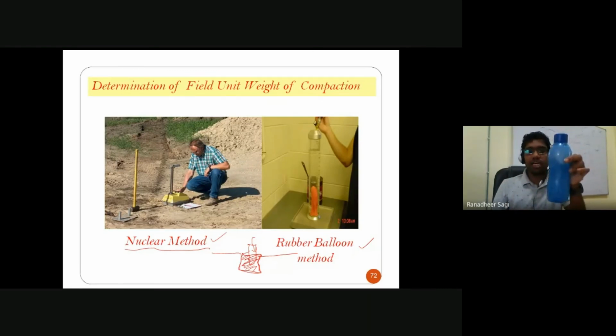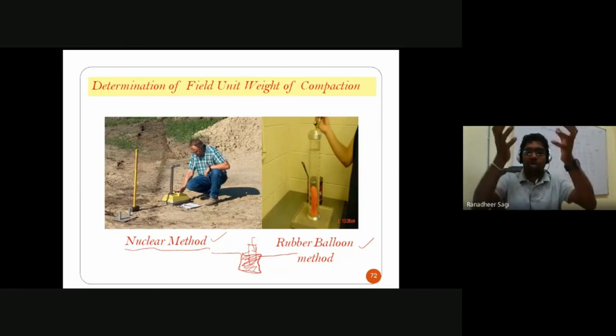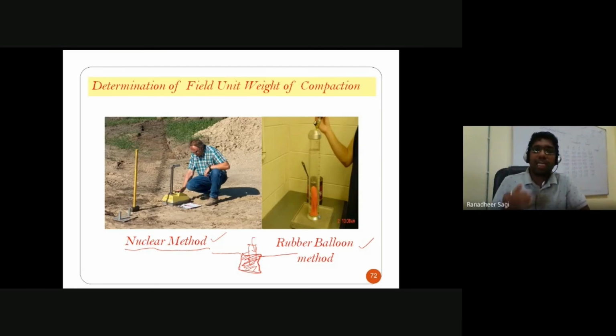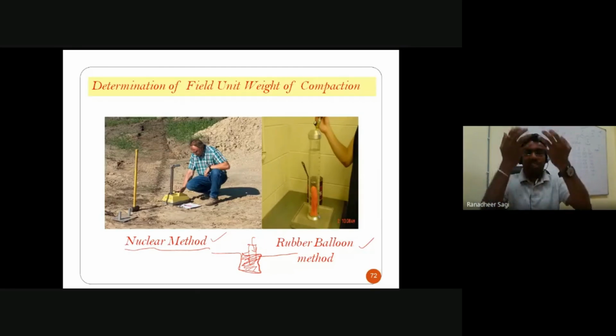Another problem is that, though in a sandy soil I can easily push the core cutter mold into the ground, while taking the mold out of the ground, when I am trying to lift it, what happens is, in case the sand particles are relatively dry, as you lift the mold, the particles from inside the mold start falling down, and you will not be able to measure the weight of the soil you have collected.